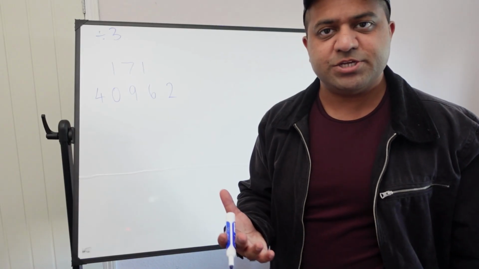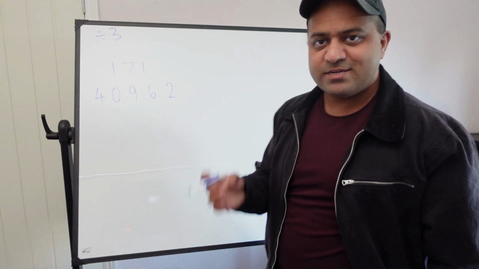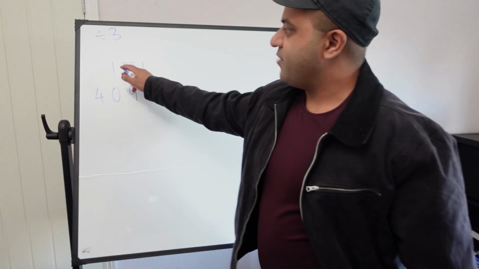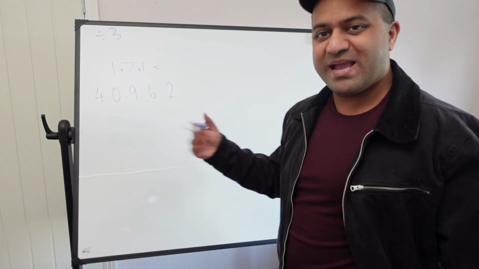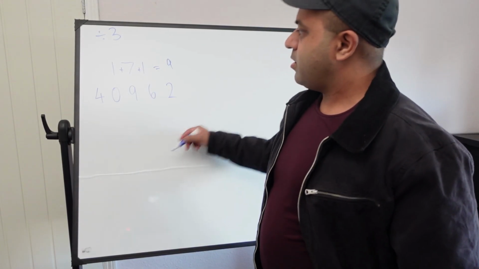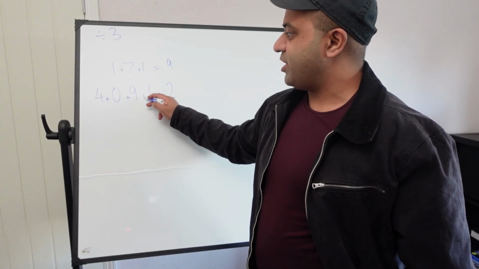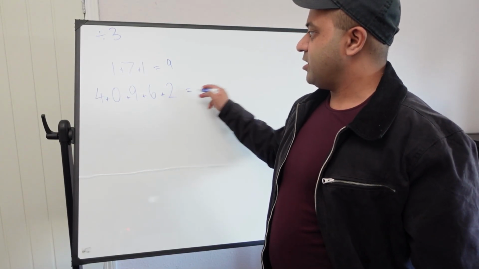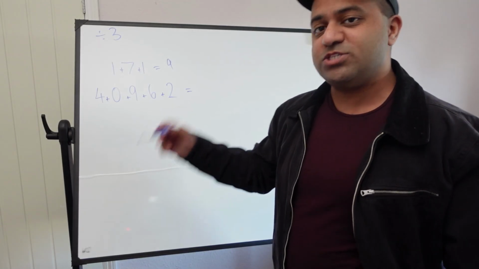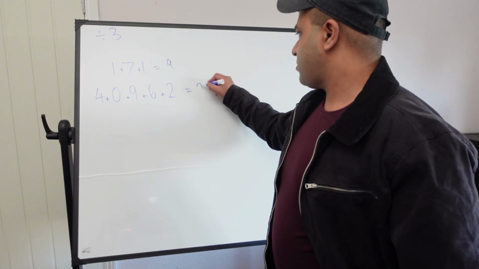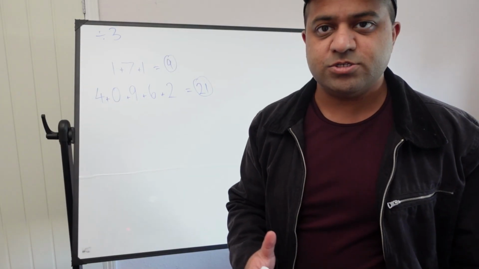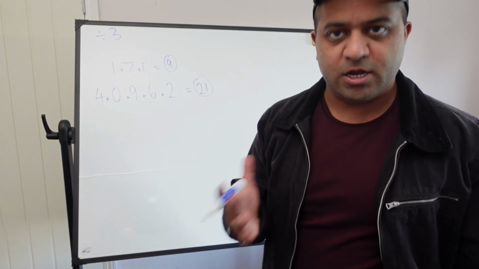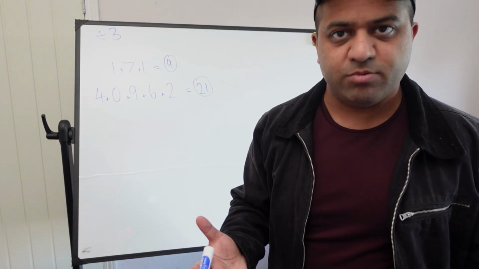Well, the trick is easy. All you have to do is add the digits together. If you add 1, 7 and 1, you get the number 9. If you add 4, 0, 9, 6 and 2, you get 21. Both of those totals are in the 3 times table.